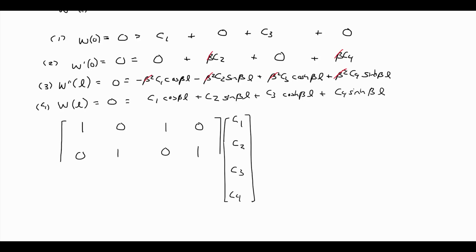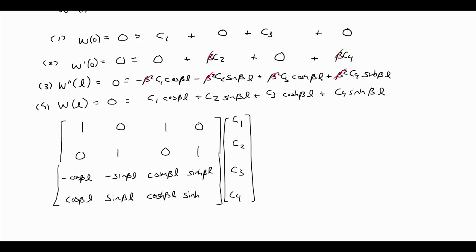And the third row, I will get this negative cosine beta L, a minus sine beta L, a cosh beta L, and sinh beta L. And now the fourth row is different. I have a cosine beta L positive, a sine beta L positive, cosh beta L positive, and a positive sinh beta L.